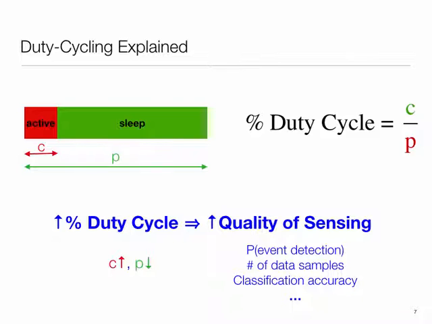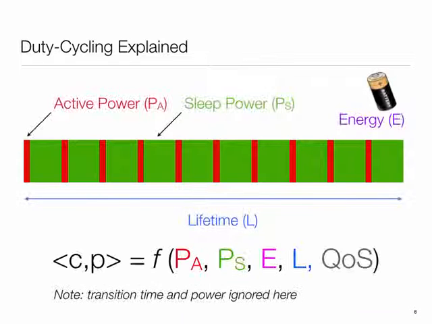It could also be the number of data samples that I'm collecting, or classification accuracy. A whole bunch of application level metrics generally relate positively to the duty cycle. So the higher the duty cycle, the better the performance of the application.